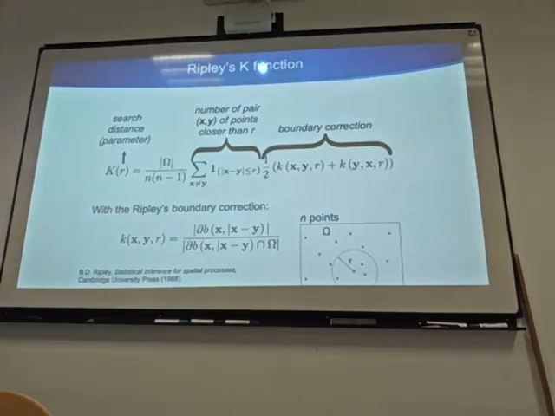It's a little bit technical, but this is just to let you know that this difficulty arises when you look at the distribution of points in a closed domain, and it's quite important.